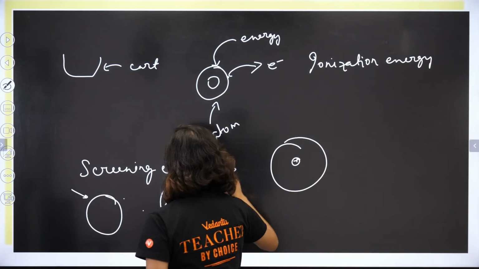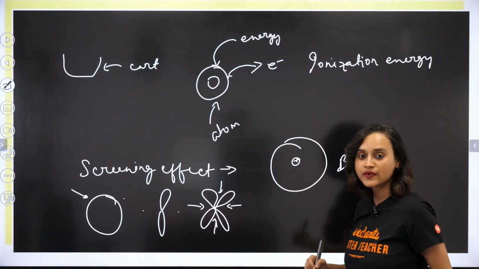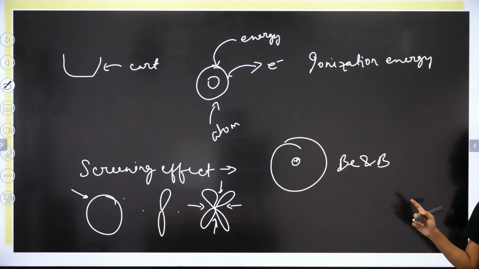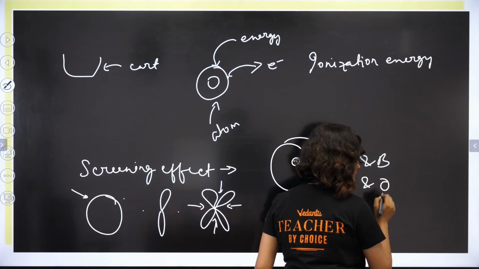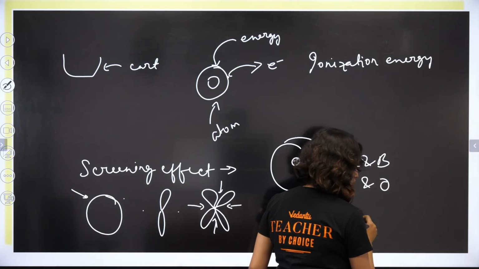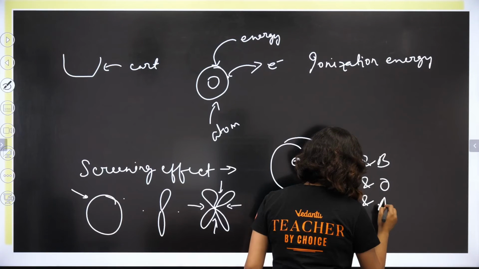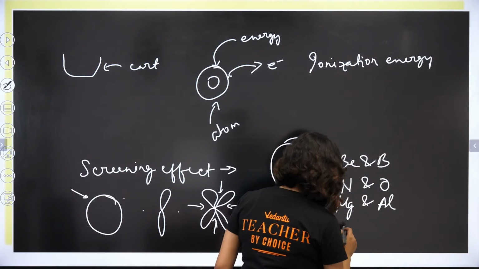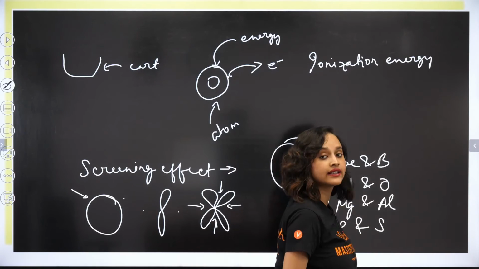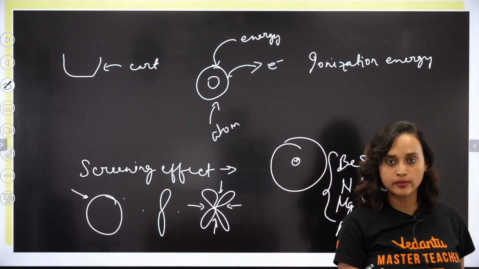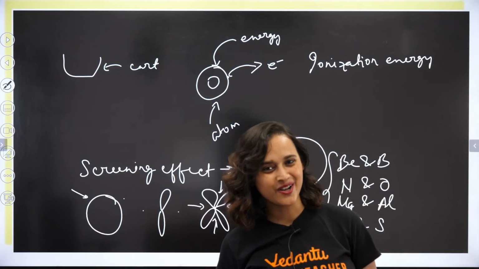Apart from that, you also have nitrogen and oxygen, magnesium and aluminium, and phosphorus and sulfur. These are the anomalies, the exceptions that you might have to remember, because most of the questions do come from exceptions or anomalies, all right.